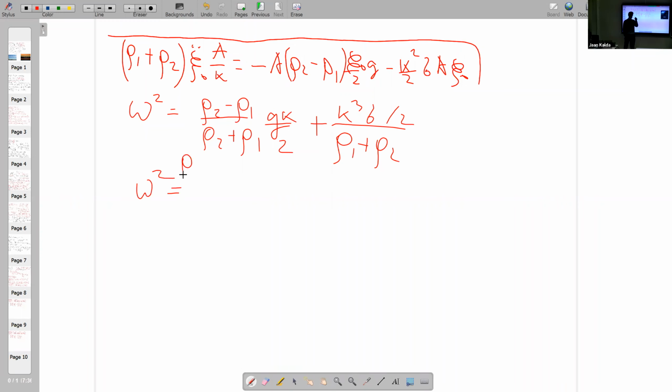If rho 1 equal to 0, then we need to have rho 2 divided by rho 2 gives us 1. And then the answer is g times k. So actually, that factor of 2 is wrong. That shouldn't be here. If rho 1 equal to 0, yeah, it's still wrong. Factor of 2. Okay, let it be.